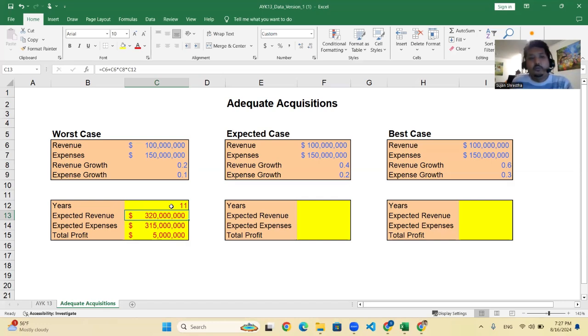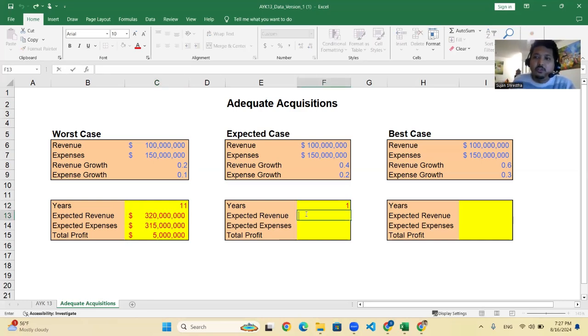Okay, so for the worst case scenario, this will be the thing. For the expected scenario, again we can use one as an initial year. We assume some year and calculate the revenue too. Expected revenue will be revenue plus revenue multiplied by revenue growth multiplied by year.